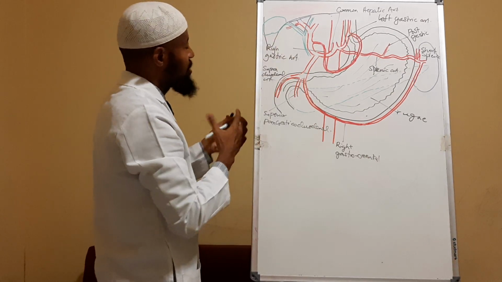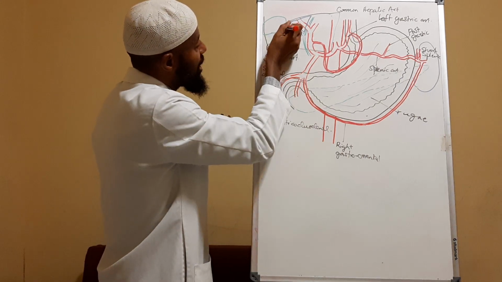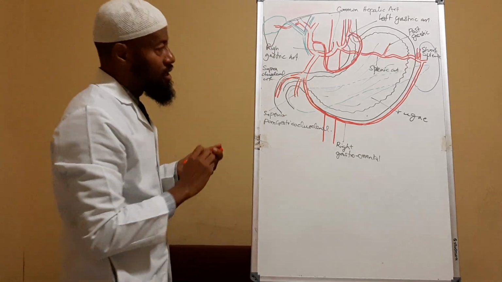Now the cystic artery supplies the gallbladder. That's the cystic artery.